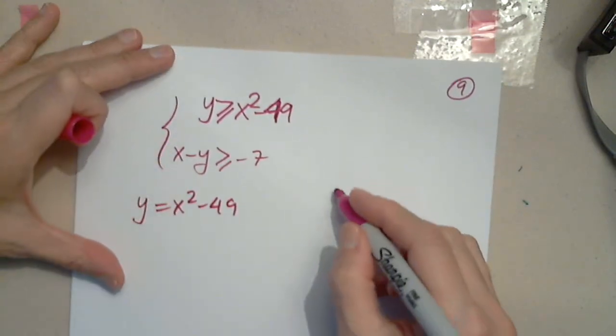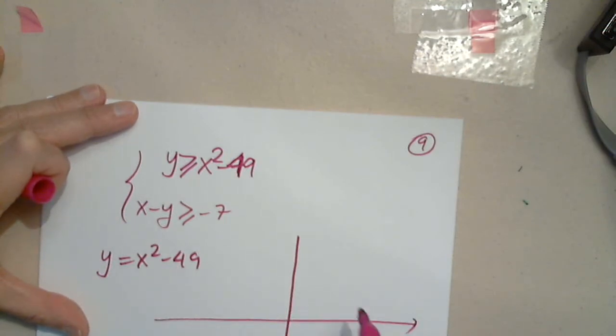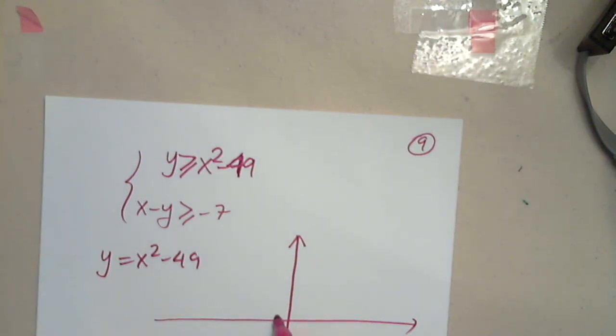And I know we've graphed these quadratic functions many times. So this function is x squared, but down 49. And it will cross at negative 7 and 7.